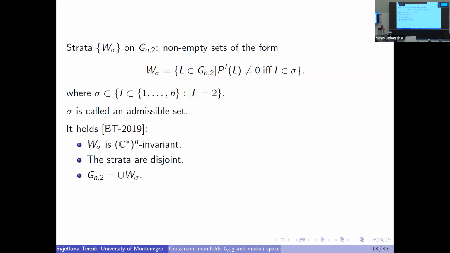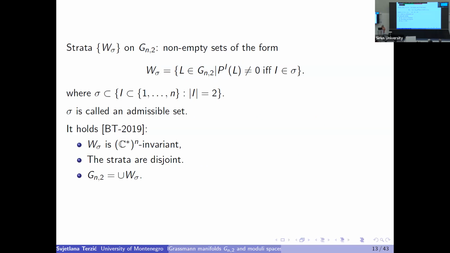And then using these Plücker coordinates on a Grassmann manifold, as I said, we need some additional structure in order to construct a model. We define the stratification of Grassmann manifolds. The stratification can be defined in a much more general way, but for this presentation it's easier to use Plücker coordinates.